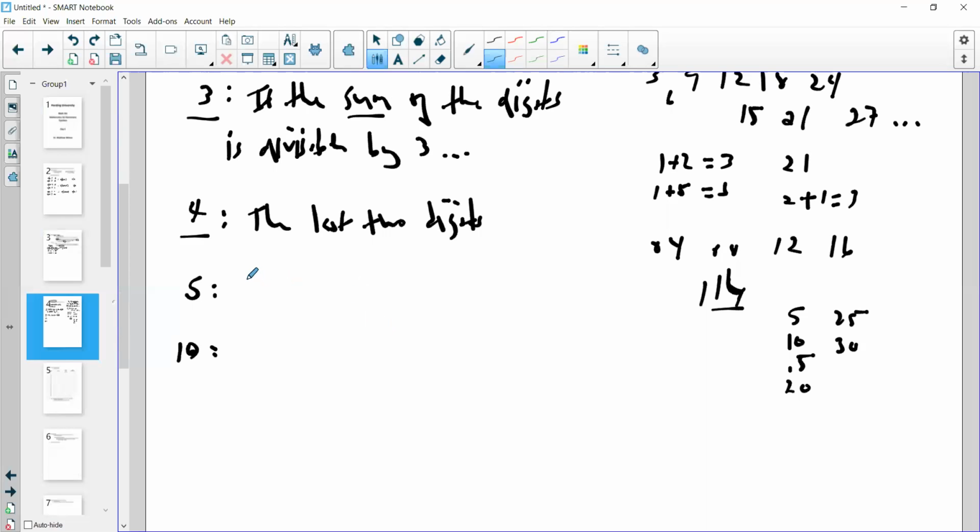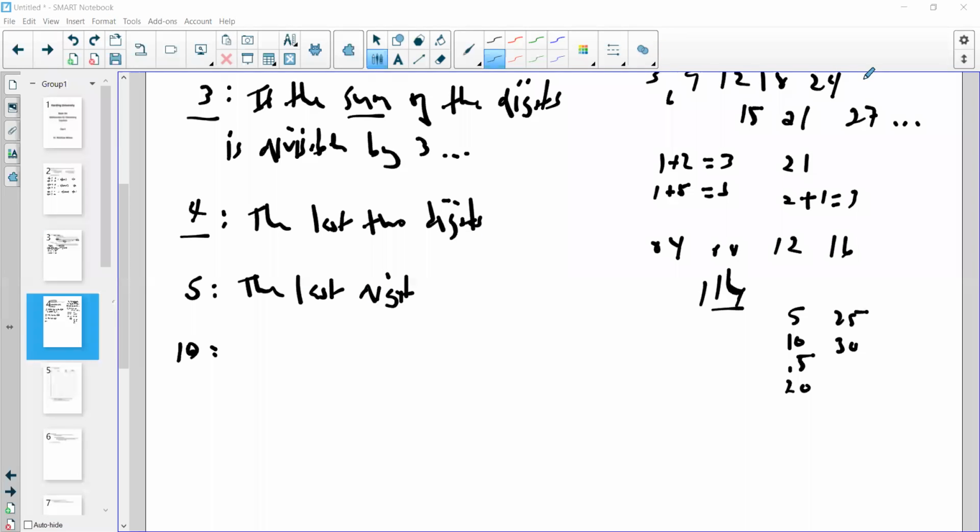So we're looking at the last digit with 5.